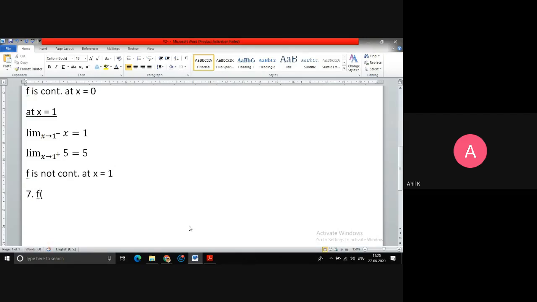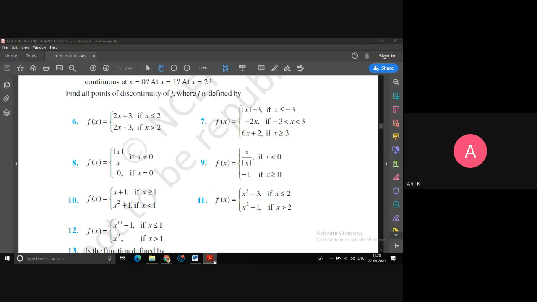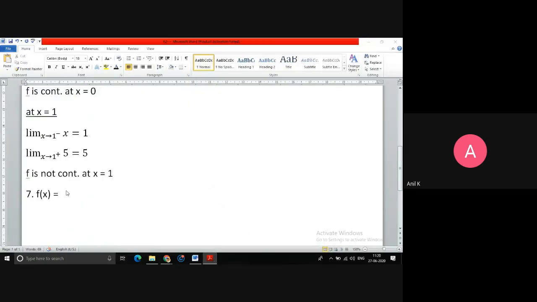First, f of x equals to, what is the function given? Mod x plus 3, right? So let me insert the equation for modulus. This is mod x plus 3 when x is less than minus 3.